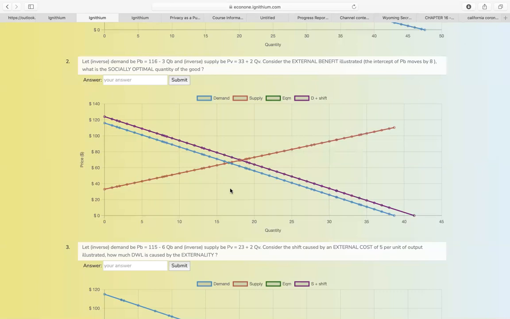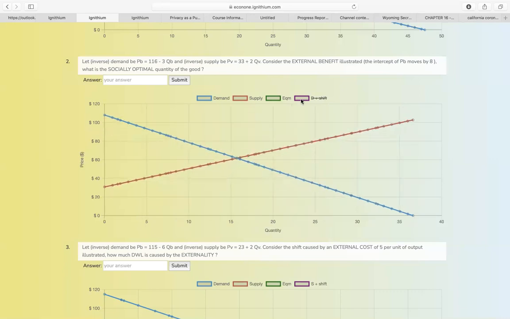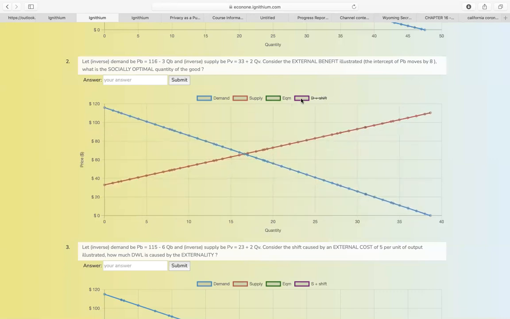So yeah, there are these benefits from being vaccinated for communicable diseases that do justify, and this is what you'll see here, notice that the demand curve is the private willingness to pay for something like vaccination.